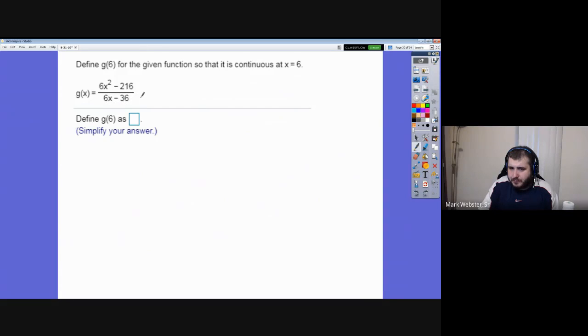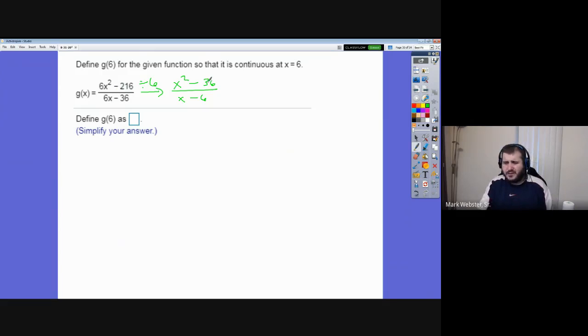I don't want that. So to make my life easier, everything has a 6 in there. So I'm going to divide everything by 6, right? So just divide everything by 6. 6 divided by 6, 216 divided by 6, 6 divided by 6, 36 divided by 6.